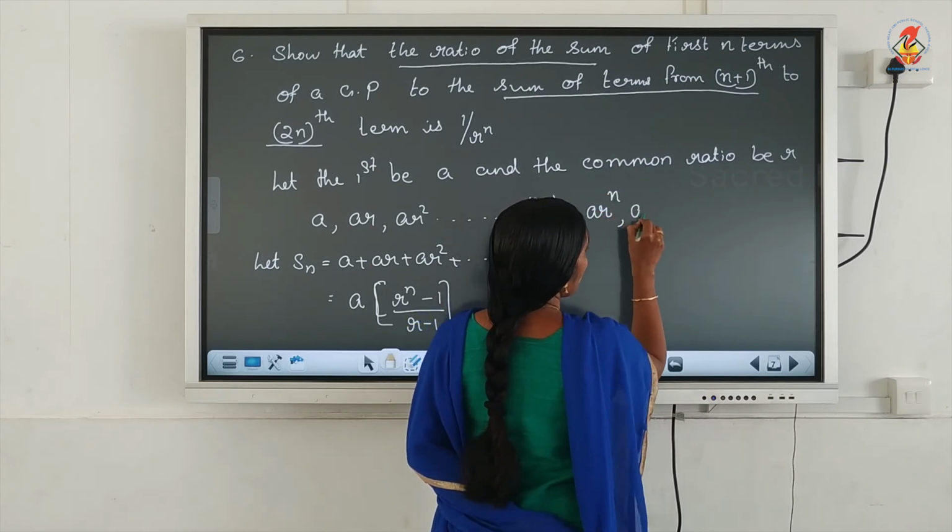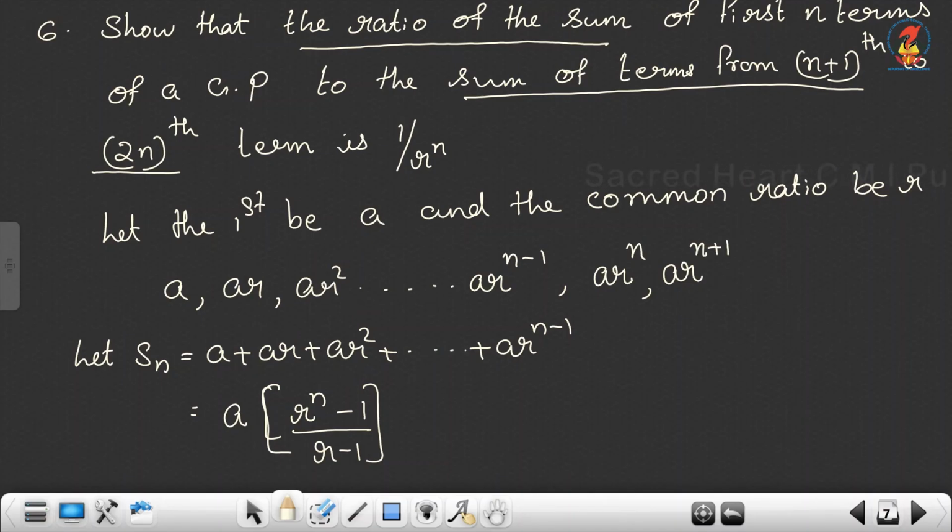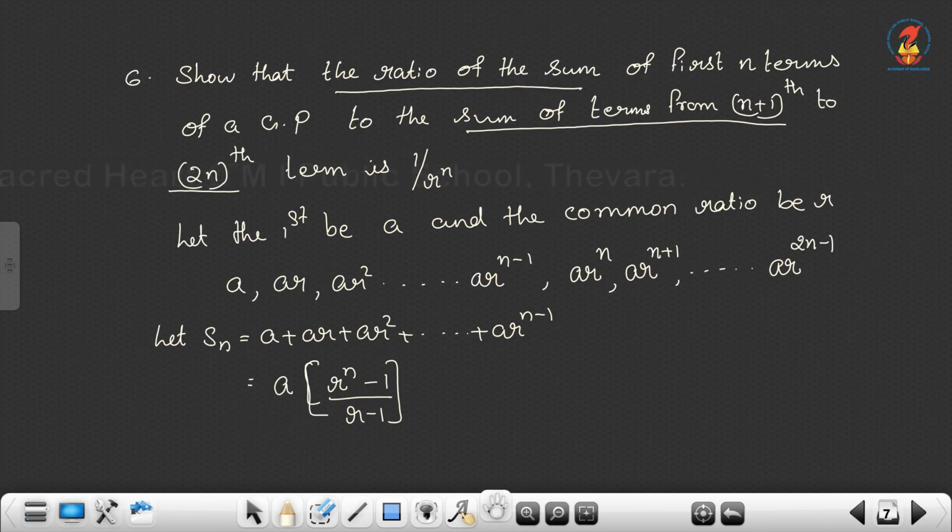Then the n plus 2th term, ar raised to n plus 1, etc. up to the 2nth term. The 2nth term is ar raised to 2n minus 1.